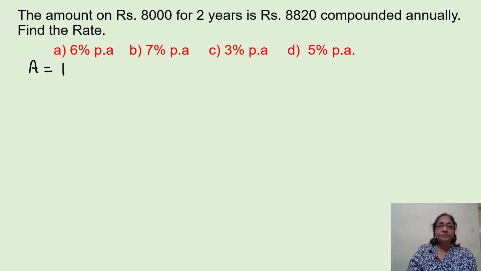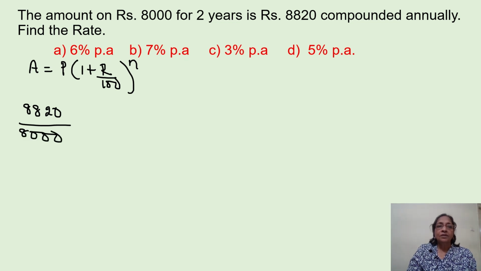Amount is principal into 1 plus r upon 100 raised to n. So amount is given as 8820. I will divide by the principal here, and this is 1 plus r upon 100 raised to 2.